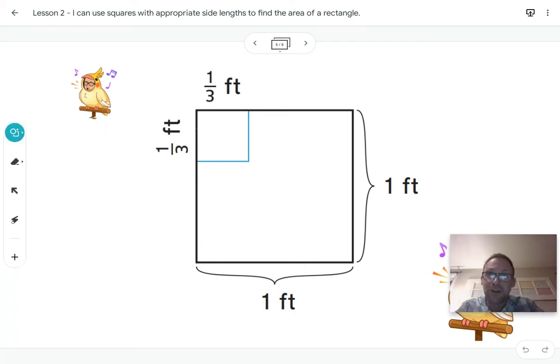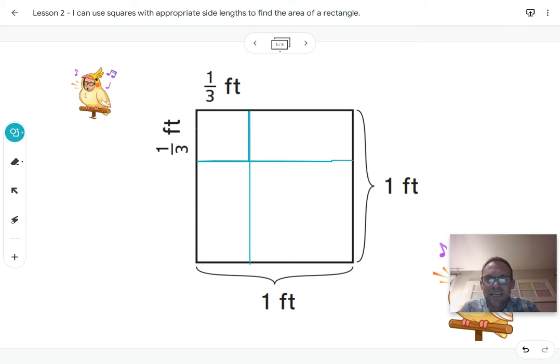We have the plan started, right? We see this square foot, this 1/3 square foot. What if we drop down and just continue this line all the way to the bottom? What if we did that? And what if we continue this line all the way across? Oh no, all the way across.